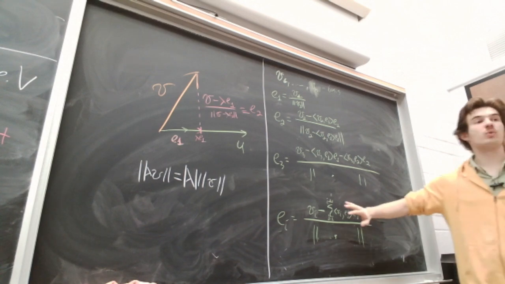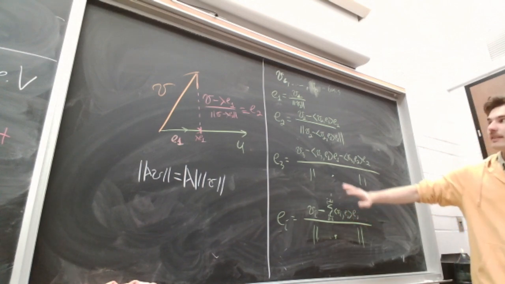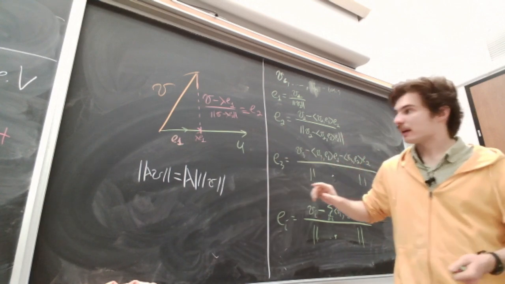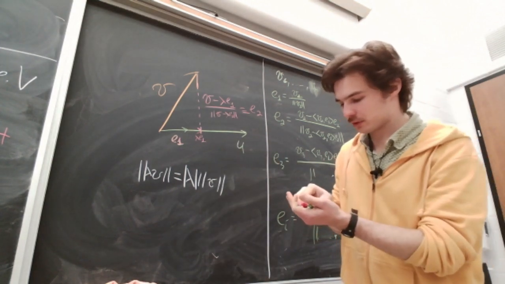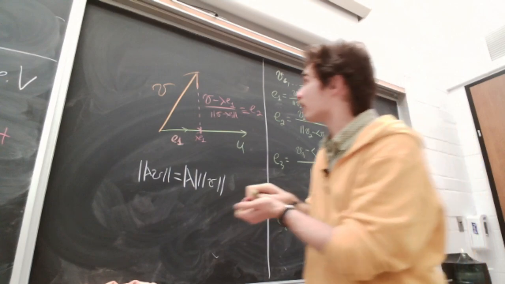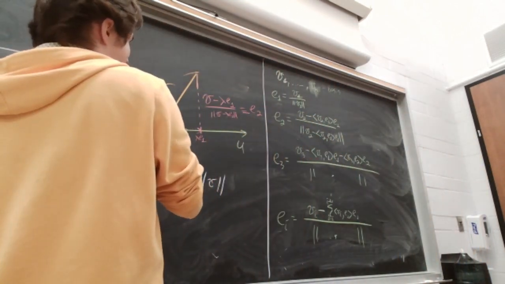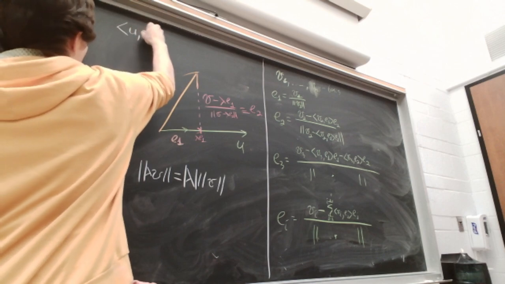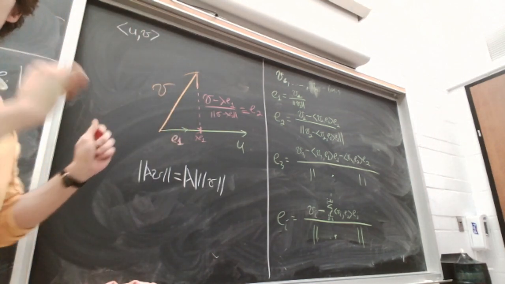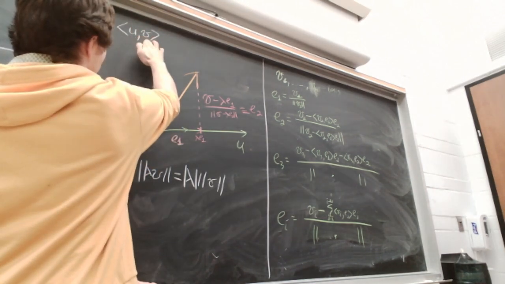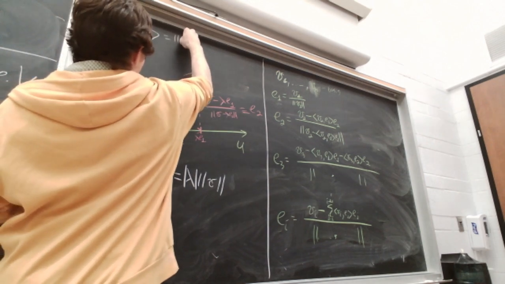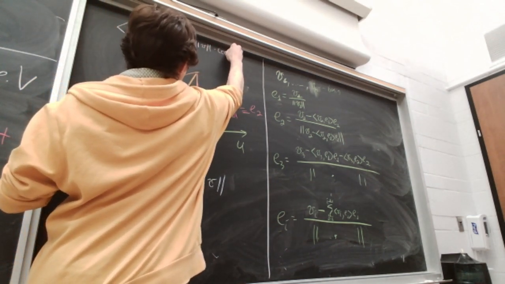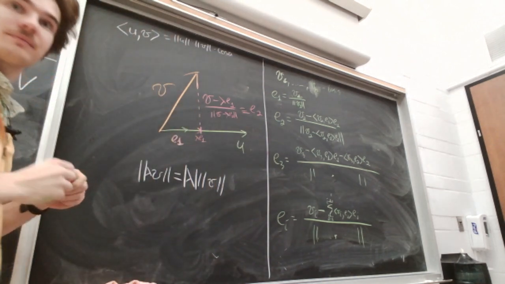So why does this work? This is really this plan in action, right? Remember what we said. The idea comes from R2. The inner product of u with v is the length of u times the length of v times cos theta. Do you agree?